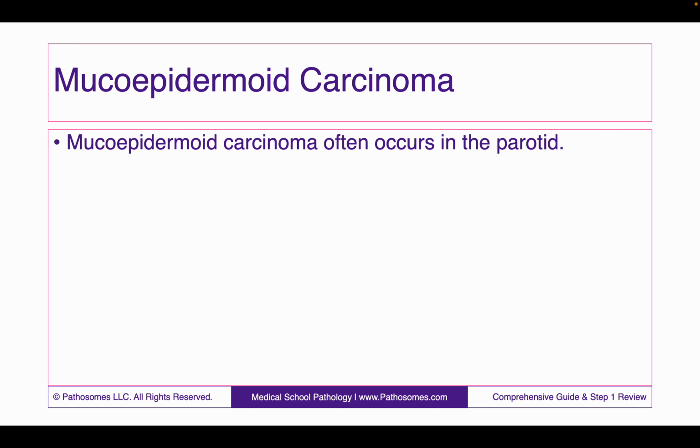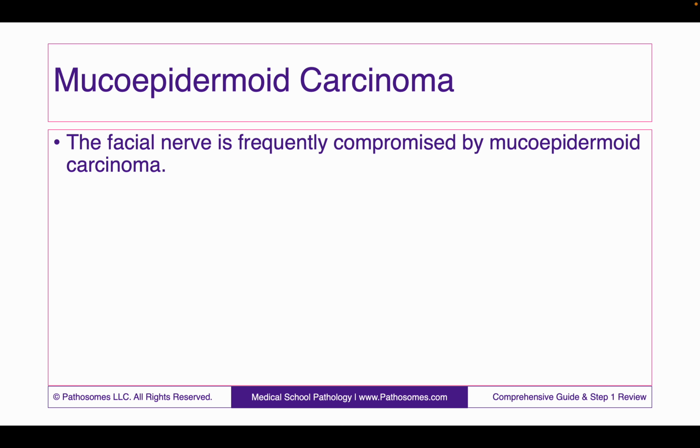Mucoepidermoid carcinoma often occurs in the parotid glands. And the facial nerve is frequently compromised by mucoepidermoid carcinoma. And since we're talking about the facial nerve, there's another key clinical aspect that you need to be aware of, this condition, right?